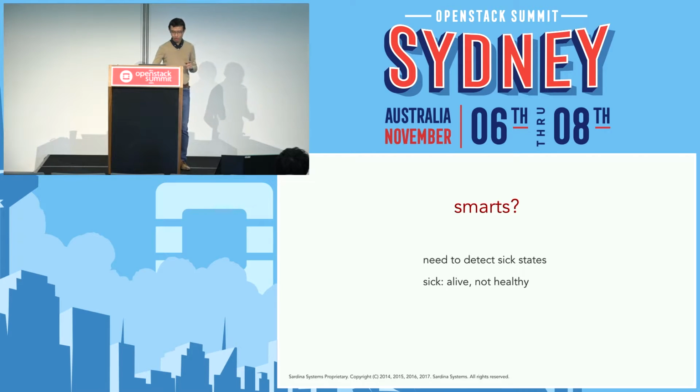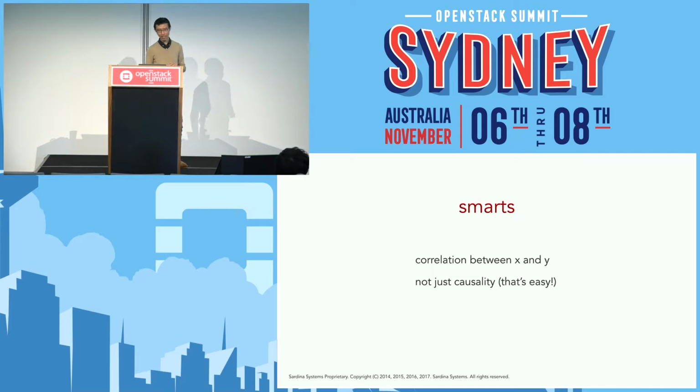And to be able to do this, we also need to correlate between certain X and Y. We're not looking for straight causality. Causality, that's an easy one. A causes B, and you can trace the causality chain. That's easy.